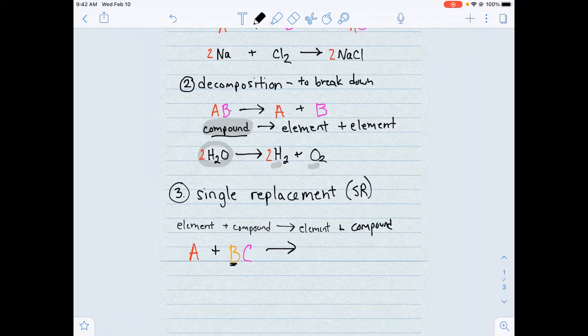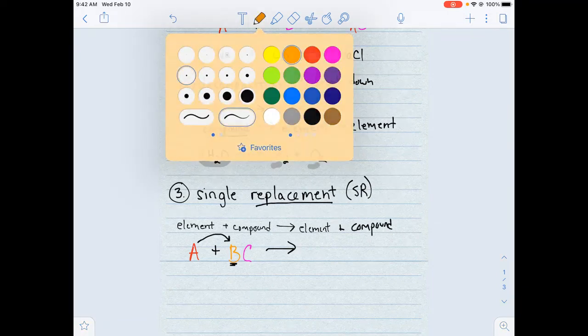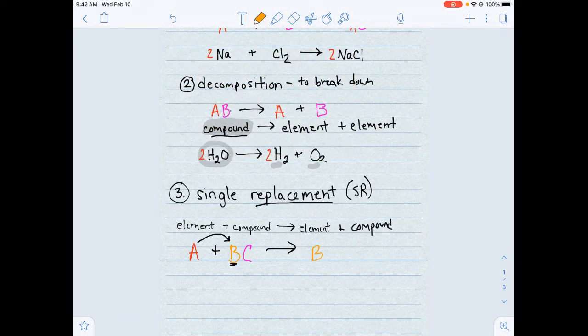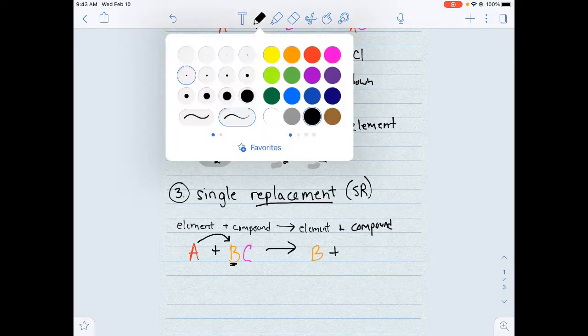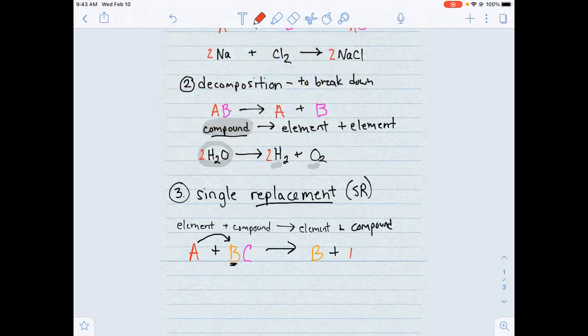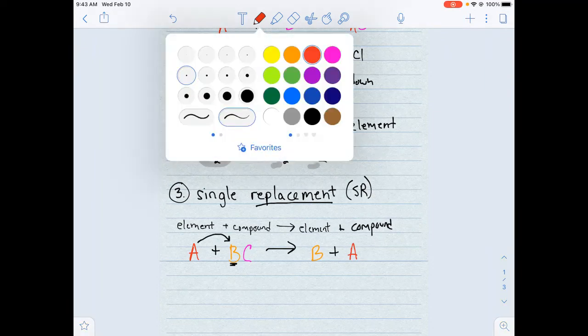So what we end up having is this A, let's say, if it's a metal, it's going to kick out the metal in the compound. If it's a non-metal, it's going to kick out the non-metal in the compound, and it's going to replace it. So it's a single or element replacement, and so what you end up getting at the end is you get one element by itself, in this case B, right? And we add to that the A that we originally had, and then the C.